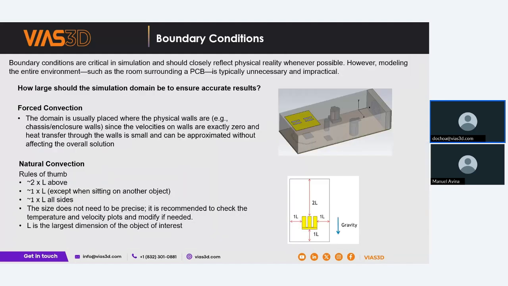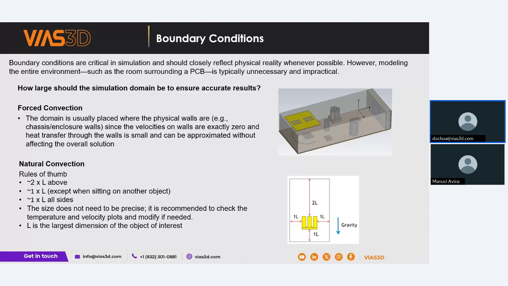Now let's discuss one very important topic that normally we don't pay too much attention to, to be honest. But when it comes to boundary conditions in any simulation tool, boundary conditions are very, very important if you want to get accurate simulation results. Since we are moving from one solution to the other, let's say if you're using the wizard to create an electromagnetic and thermal simulation project, it might happen that the same boundary conditions, let's say the size of the background, stay very similar.